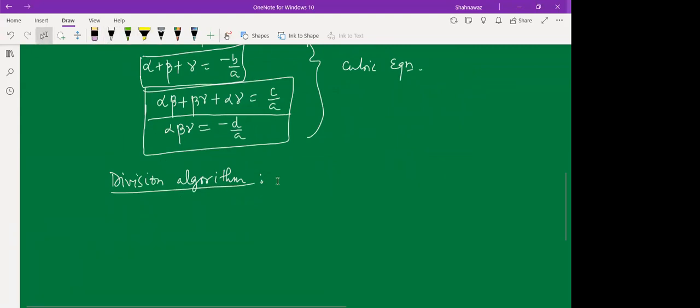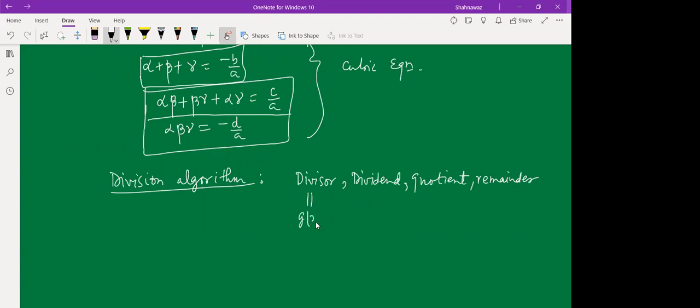Similar to the Euclid division lemma, you have a divisor, and you have a dividend, and you have a quotient, and you have a remainder, right? So let's say this is g(x), the divisor, this is p(x), this is q(x), and this is r(x), right? Yes, sir.